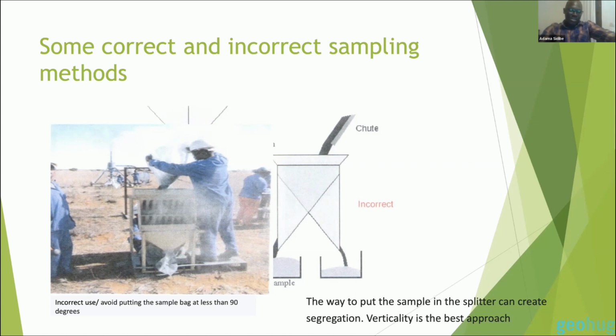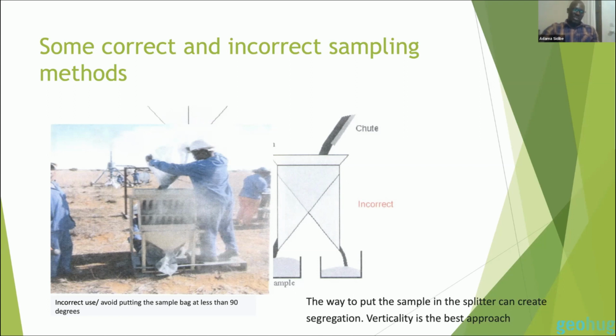In the second image, we have the correct and the incorrect. In the correct sampling, the sample is put vertically, without particle segregation. But if you put the sample at 50 degrees or 80 degrees, it is possible to not get the representative sample for the lab.